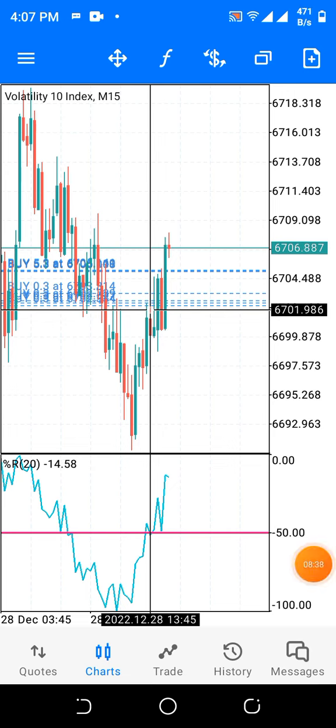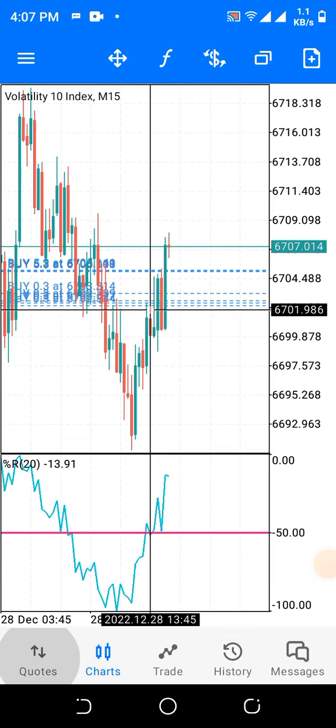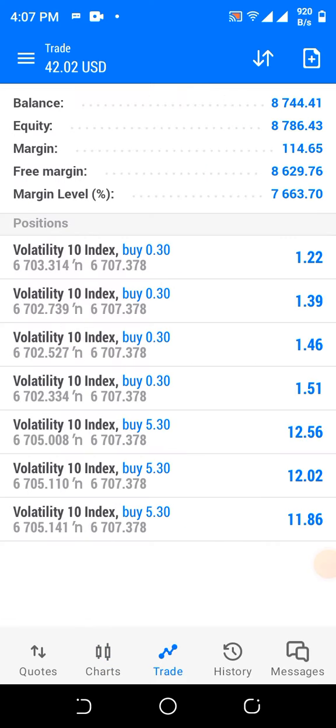This is the reason why I am buying volatility 10 index. Look at the crossing here. Are you seeing the crossing here? So my entry is here. So this is my profit now.